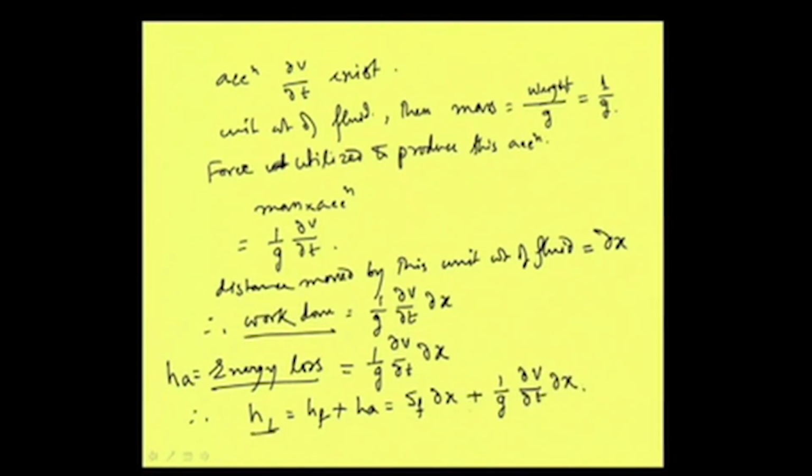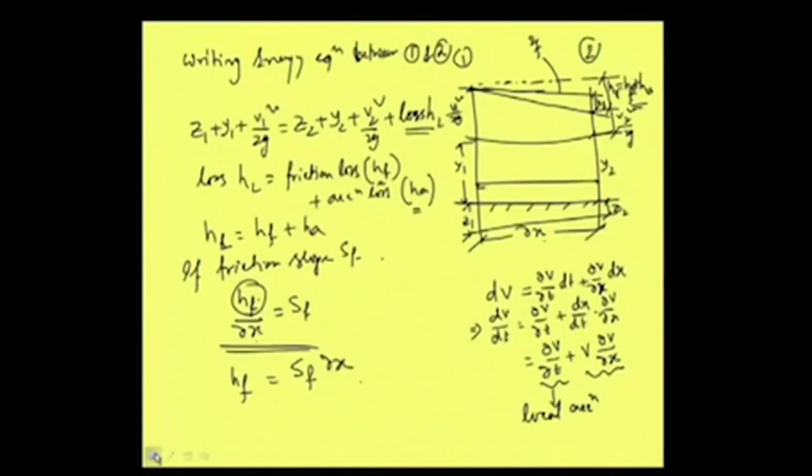So putting this value of HL in our energy equation, we can get a simplified expression, and then manipulating that expression, finally we will be able to derive an equation of motion, and that we will be doing in our next class. And then from that we will also try to see how this equation can be solved, and by solving this equation, how we can get a solution to our real life problem of open channel flow. So thank you very much.